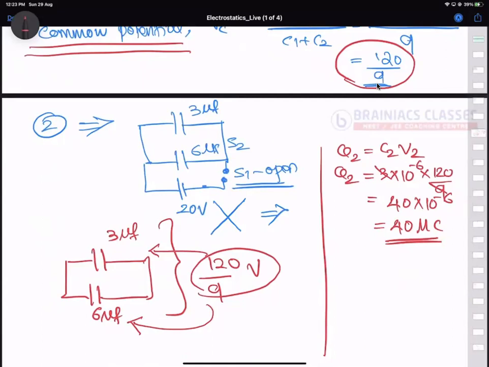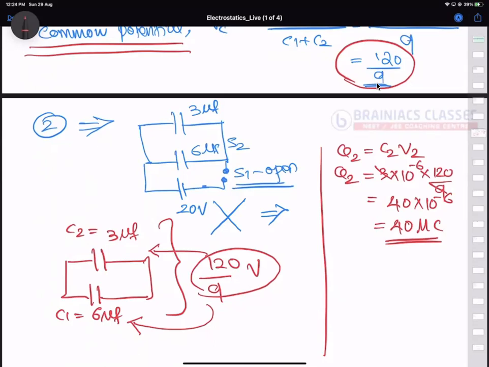Now the question is asking, what is the charge on the C2 capacitor? This capacitor is our C2 capacitor and this capacitor is our C1 capacitor. C2 means the 3 microfarad capacitor. So Q2 equals C2 V2, where Q2 is the charge to be found. The value of C2 given in the question is 3 microfarad, 3 into 10 power minus 6. V2 is the voltage on the 3 microfarad capacitor, that is 120 by 9.